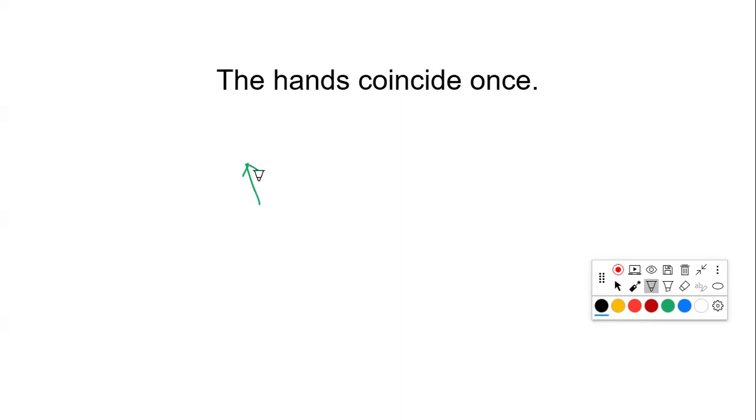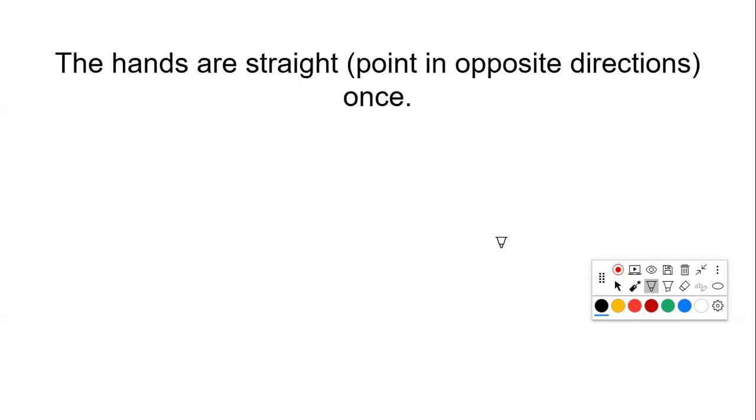Say this is my hour hand and the minute hand, exactly at 12 noon. Please ignore that the lines may not be straight. So exactly at 12, one over the other is the coincidence. The hands coincide once every 1 hour. Every 1 hour, one over the other happens only once.